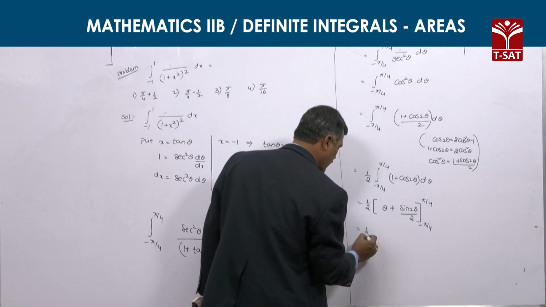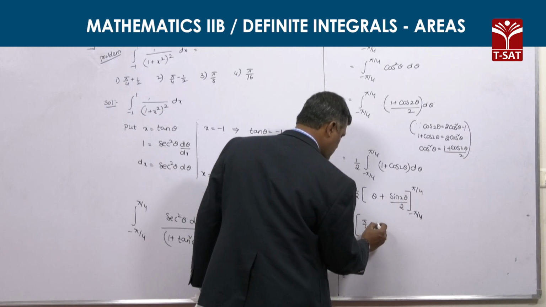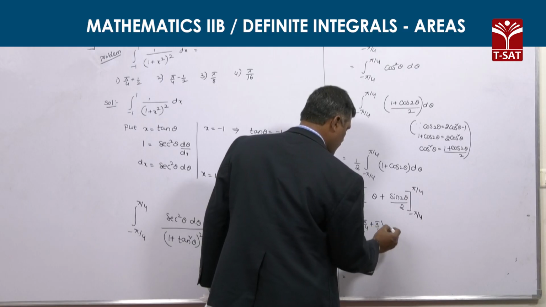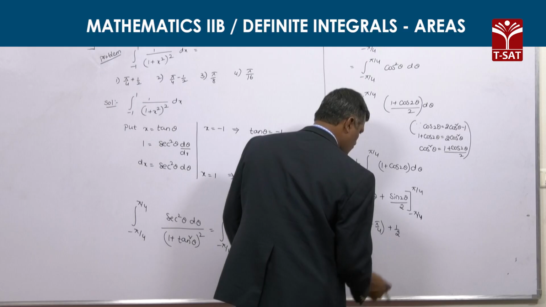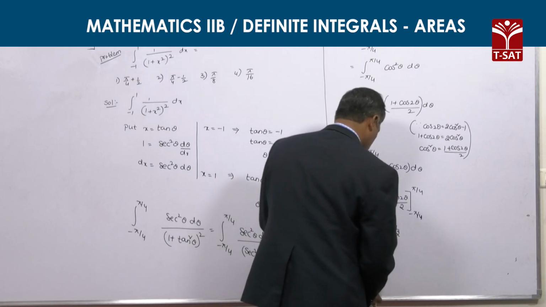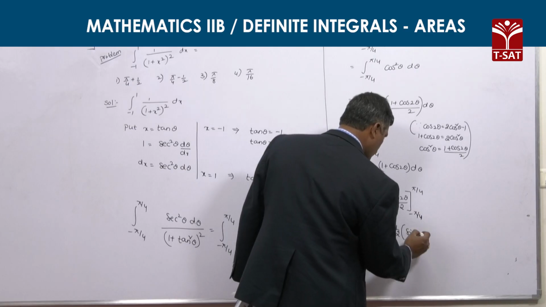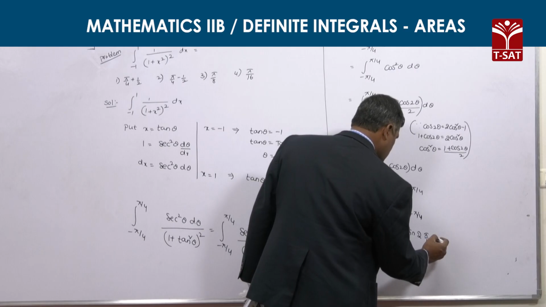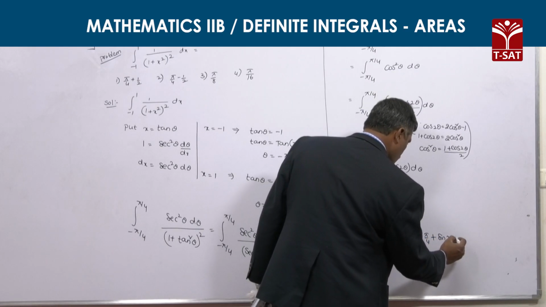That is 1 by 2 into pi by 4 minus the lower limit minus of minus pi by 4, plus 1 by 2 into the upper limit sin of 2 into pi by 4, minus sin of 2 into minus pi by 4.